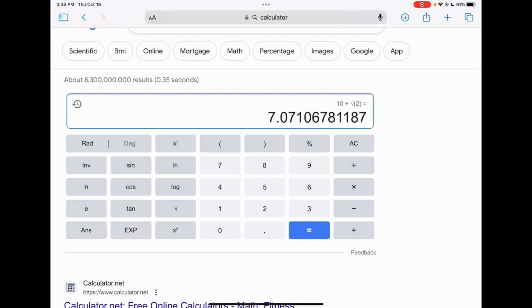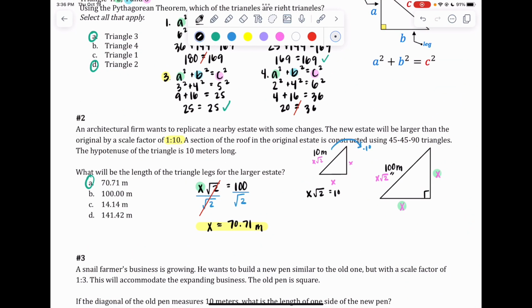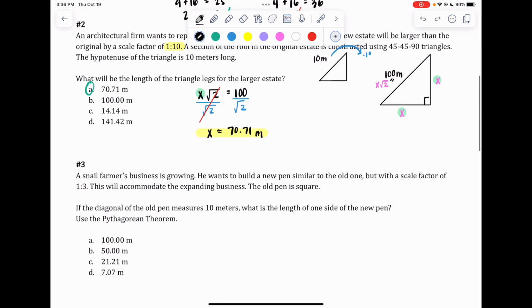You'd get 70.71 if you waited to apply the scale factor until the very end. So I guess it's personal preference for a problem like this. Most of the problems, I will say, it's kind of helpful to just apply it at the beginning, especially if you're dealing with volume and stuff like that.